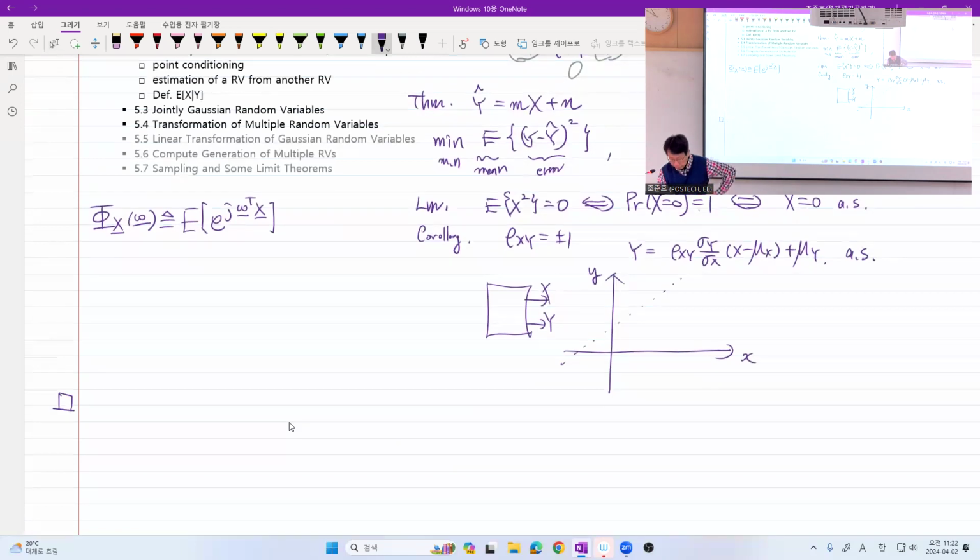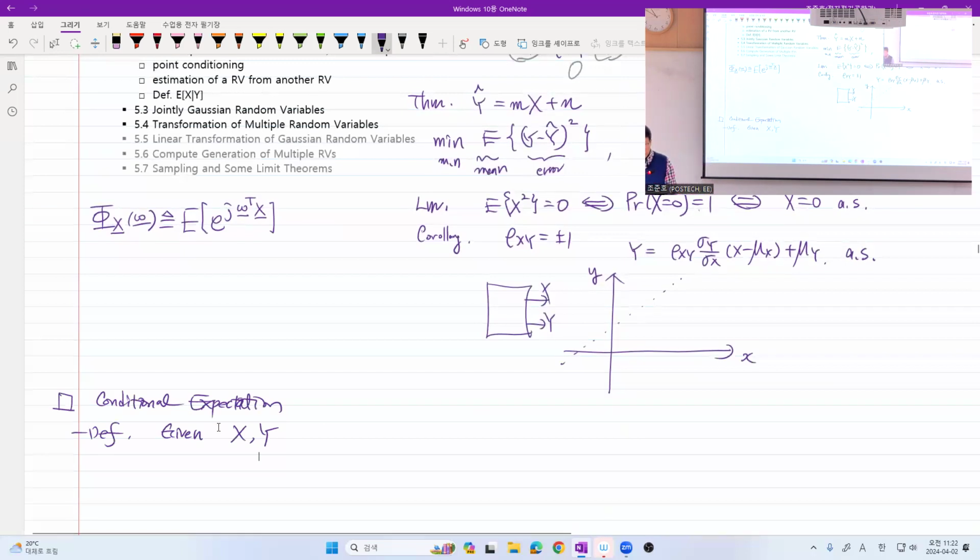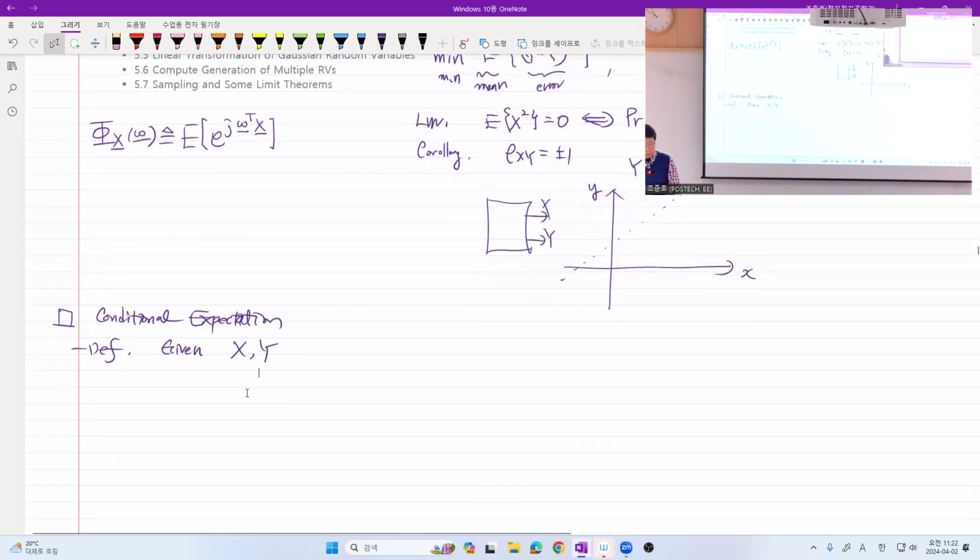So let's first define, given two jointly distributed random variables x and y, we want to define so-called conditional expectation.